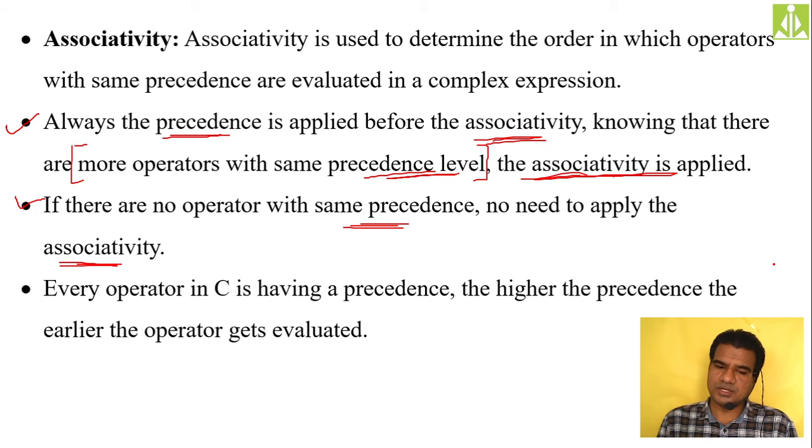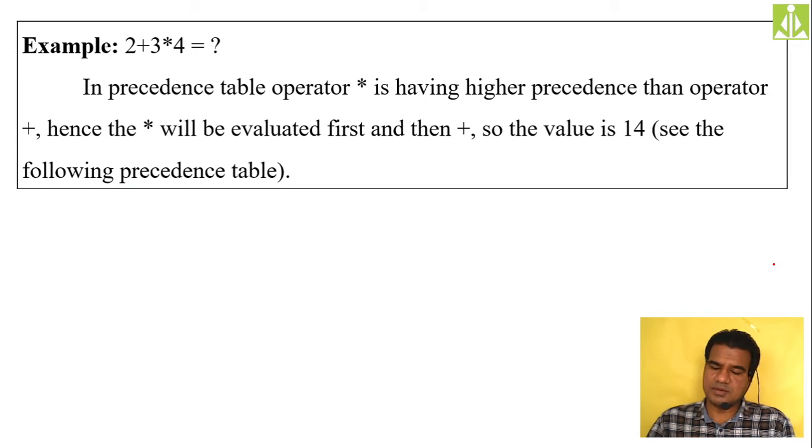A simple statement they have given over here: 2 plus 3 multiplied with 4. What is the value of this statement? According to the precedence table, check the precedence level of binary plus, and again check the precedence level of binary multiplication.